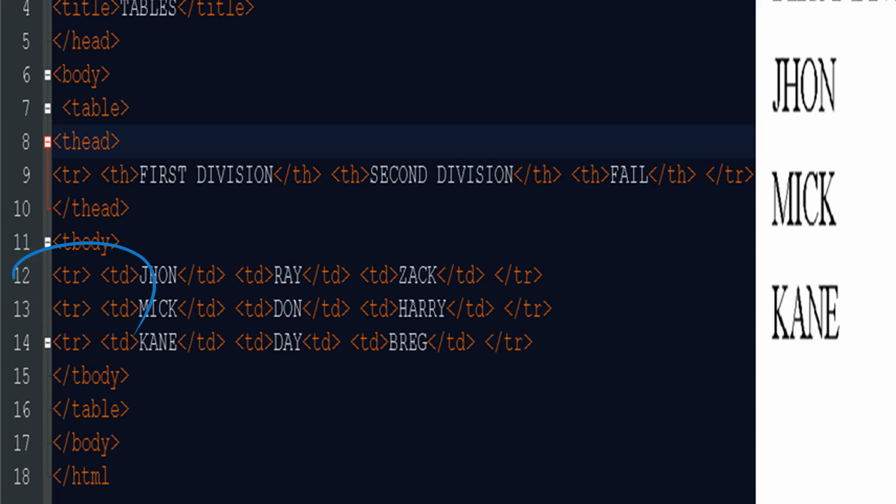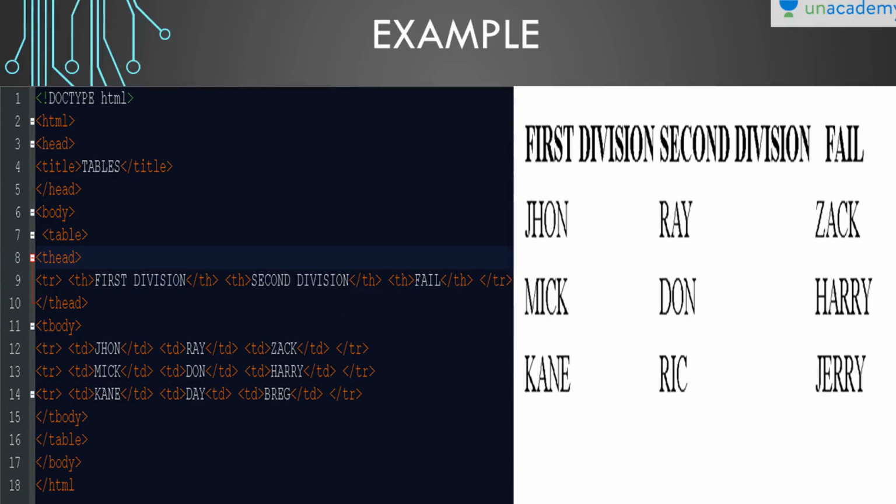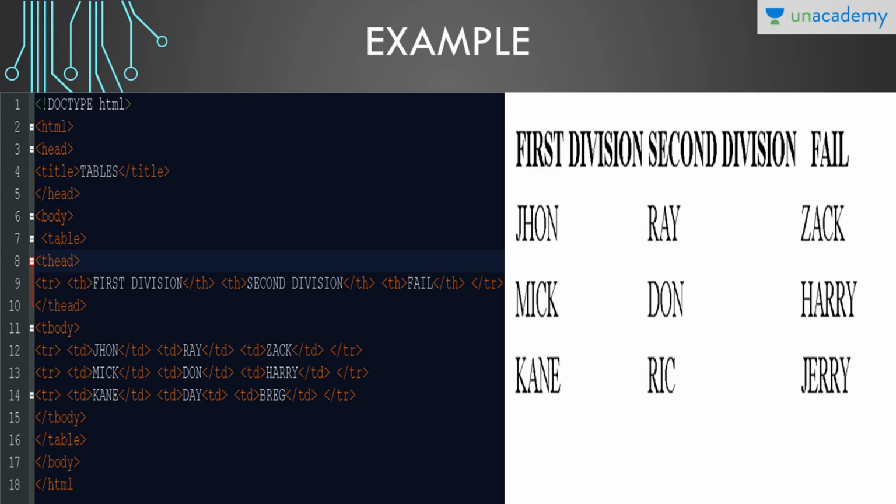First of all I have to start with TR, and the ending TR, which is the row element of our table, and after that we'll use the TD opening and closing, TD opening and closing, TD opening and closing. That means providing three values in the body of the table, right? So in this way, this is a very simple thing, and you can give the values to the body part in our table. So in this way we can simply make a table.